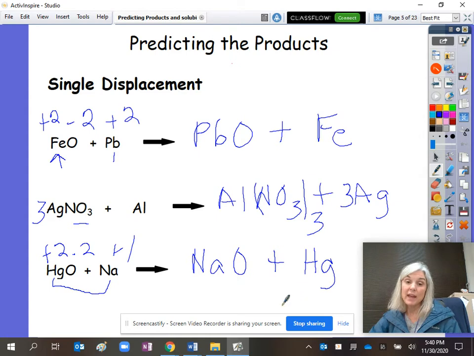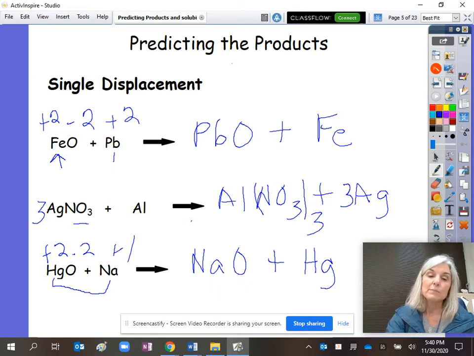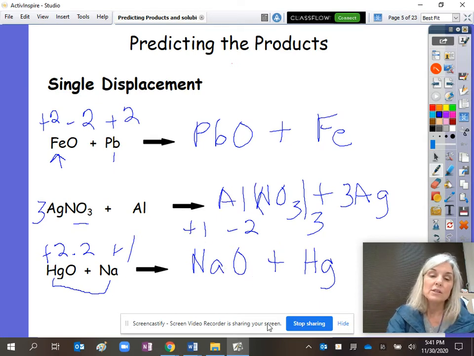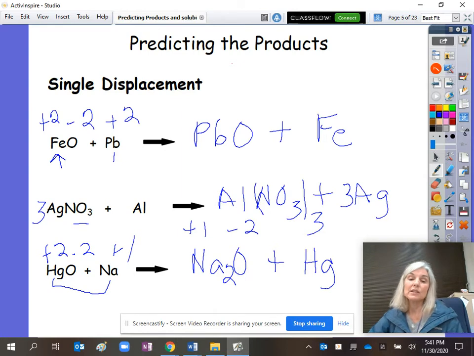Now, because we've now put 2 new elements together, we got to make sure that they are equal in charges. So remember, sodium is +1, oxygen is -2. So we can swap and drop. The 2 goes to the sodium and the 1 goes to the oxygen. So your formula is actually Na2O. So let's get rid of the charges.